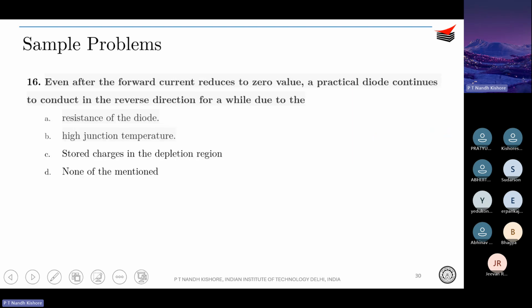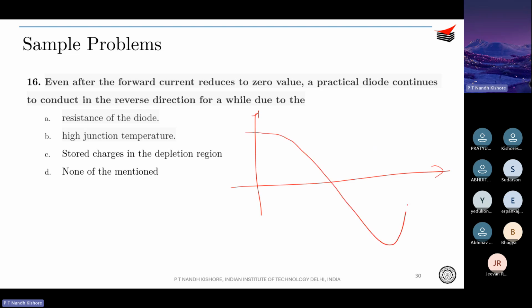Even after the forward current reduces to zero value, a practical diode continues to conduct in the reverse direction for a while. Why? The reason is reverse recovery, right? Even if the forward current has reduced to zero, it continues to conduct in the reverse direction because of reverse recovery.